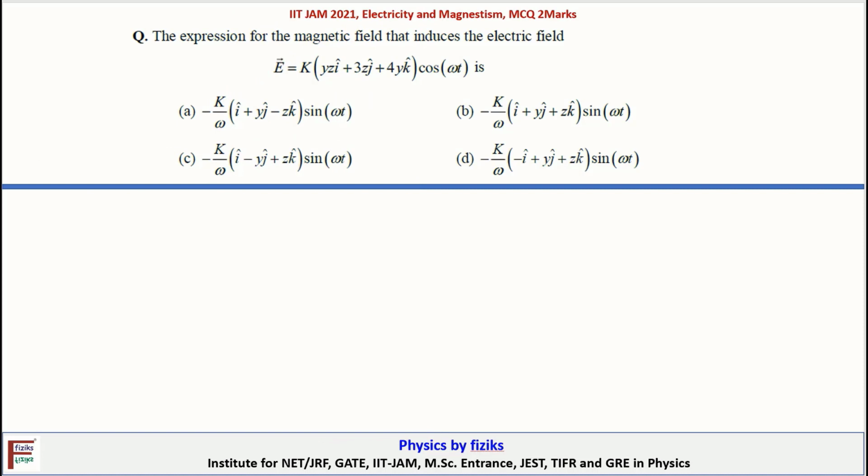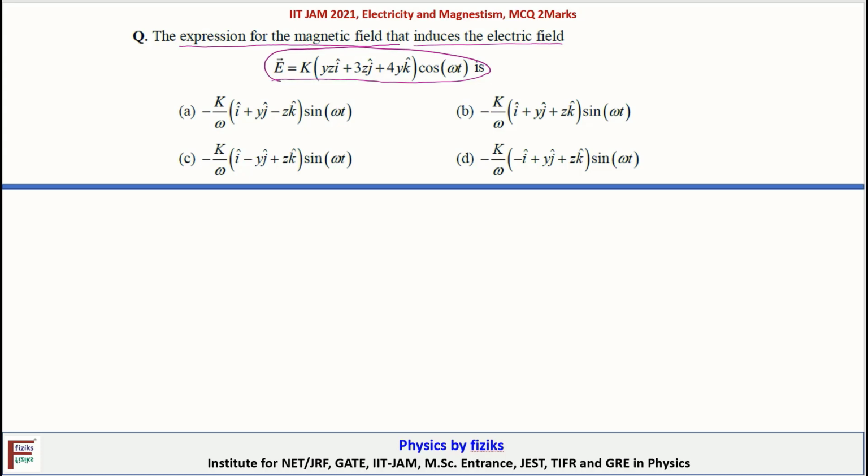In this question, we have to find the expression for the magnetic field that induces the electric field E. The form of E is given: E is k yz I cap plus 3z j cap plus 4y k cap, times cos omega t.